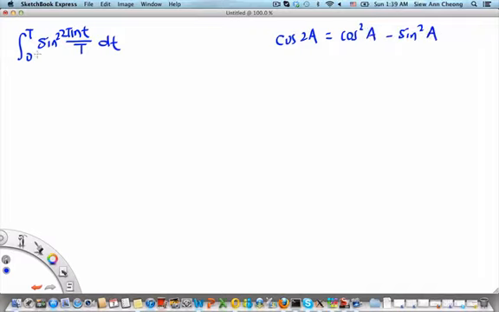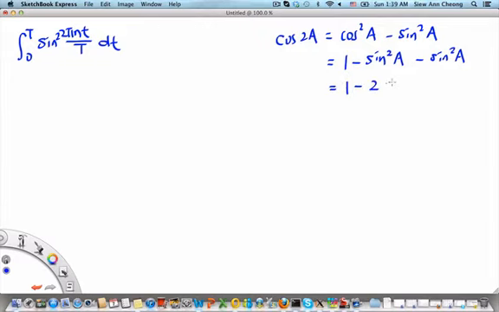Now we have a sine squared in the integral. We have a cosine squared and a sine squared, so we just want to keep sine squared in this expression in terms of cosine 2A. So what we do is we make use of the trigonometric identity, cosine squared plus sine squared equals 1, to write cosine squared as 1 minus sine squared A. This second minus sine squared A was originally from cosine 2A.